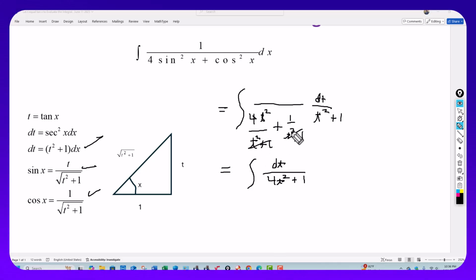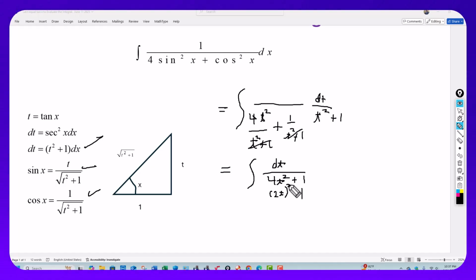So after making the substitutions and simplifying, we get the integral of dt over 4t squared plus 1. And this can be replaced by 2t quantity squared plus 1.